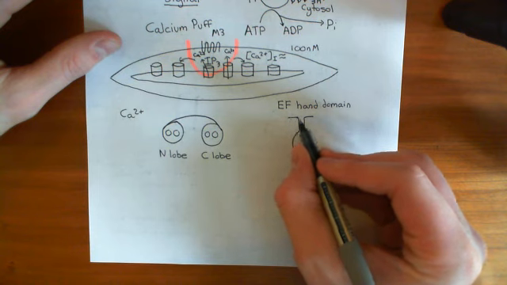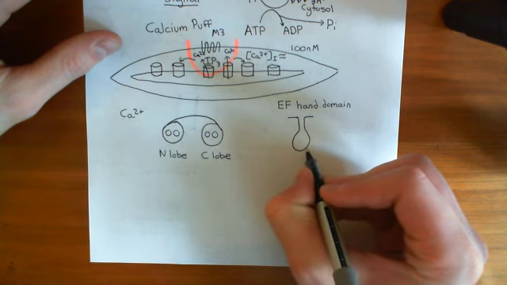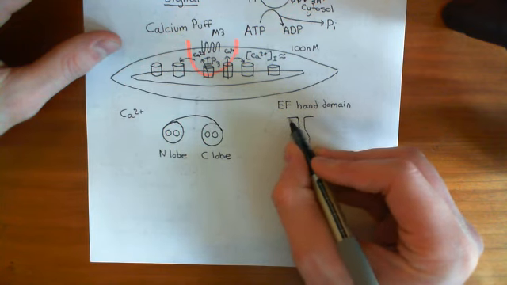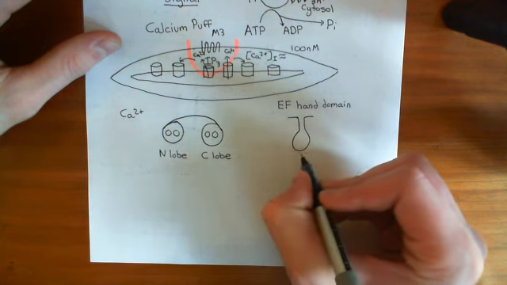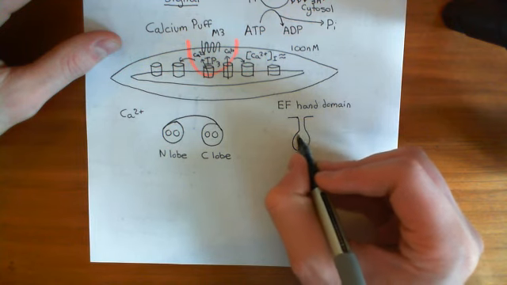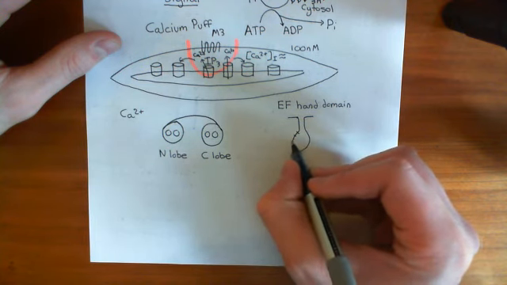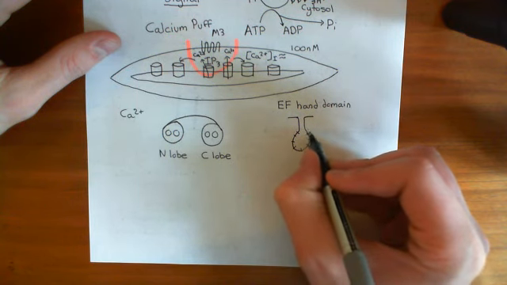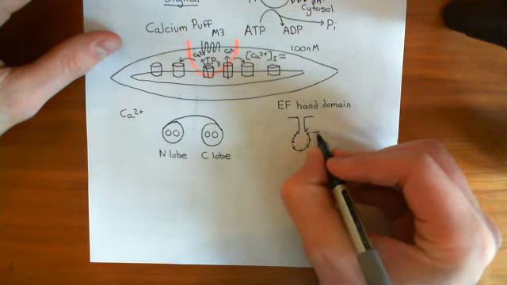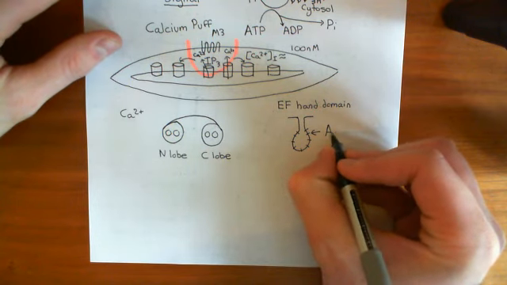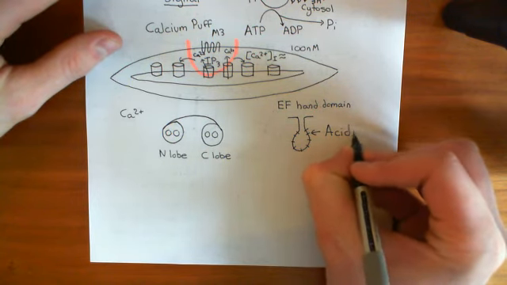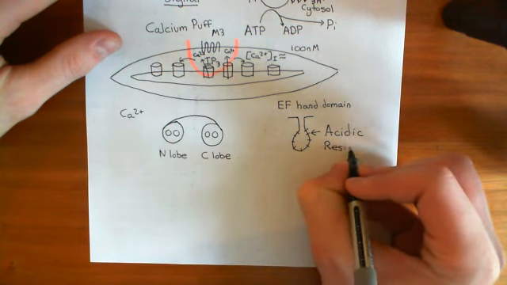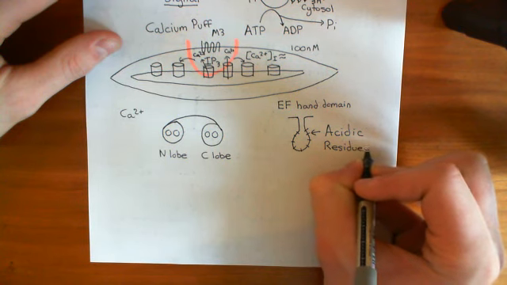If this line represents the polypeptide, i.e. the string of amino acids following one another, then an EF hand domain is a loop in this polypeptide like so. The amino acids that make up this loop region of this polypeptide are basically all acidic residues, which means that their R group is an acidic side chain basically, and is capable of donating protons away.